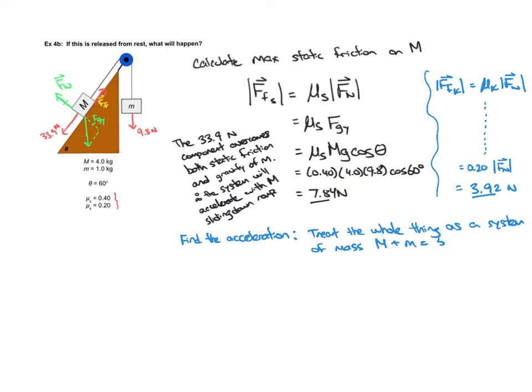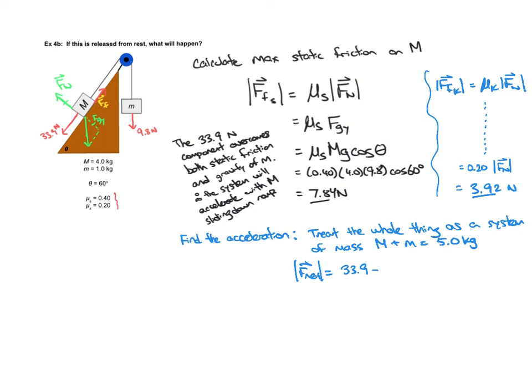So that's 5 kilograms in total. So this entire 5 kilogram system has a net force of, in terms of magnitude, the 33.9 newtons, which is pulling the block down the ramp.